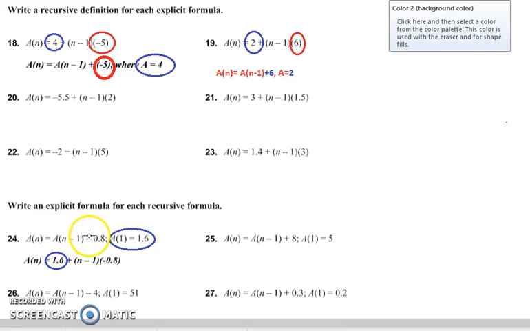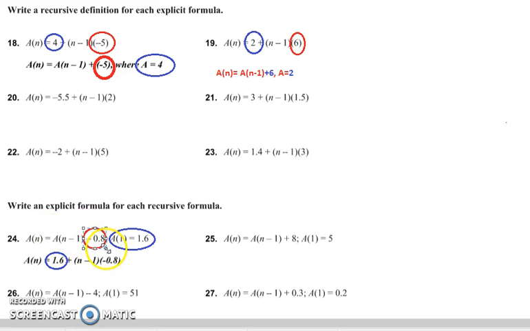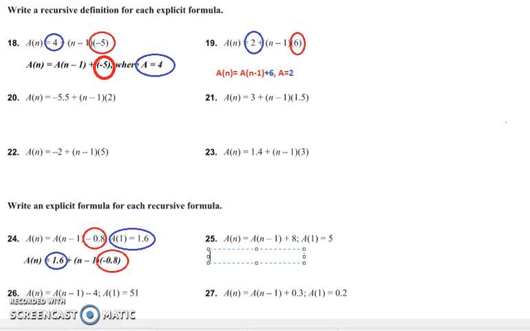And then you have the common difference here, which is right here as well. Okay, so last thing on here, when you do the equation, this one is now the explicit formula. Okay, cool. Well, I'll just run through it one more time after this.